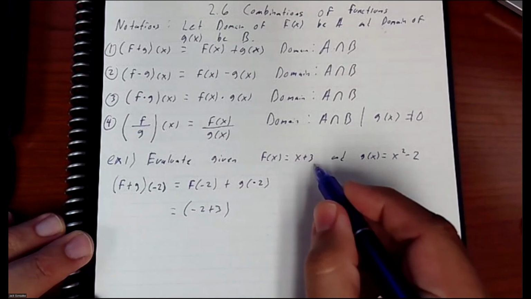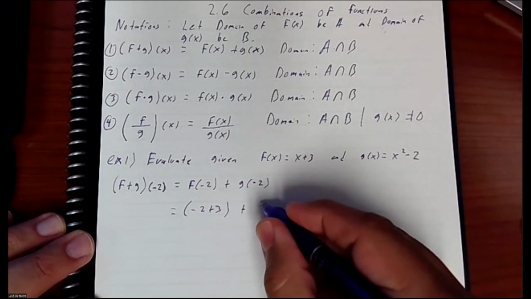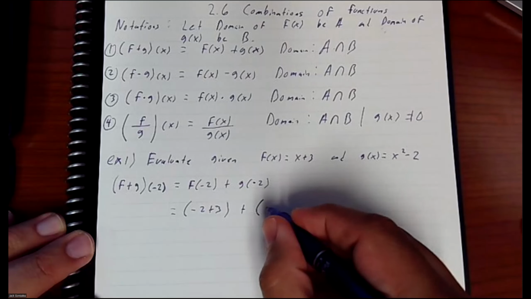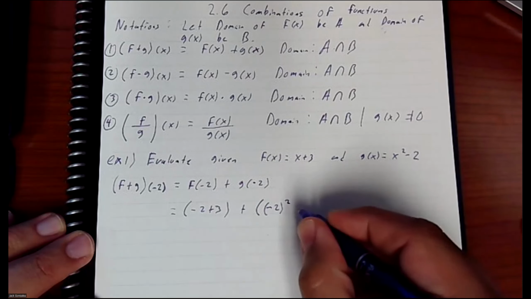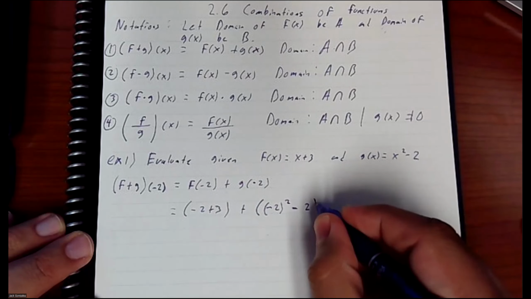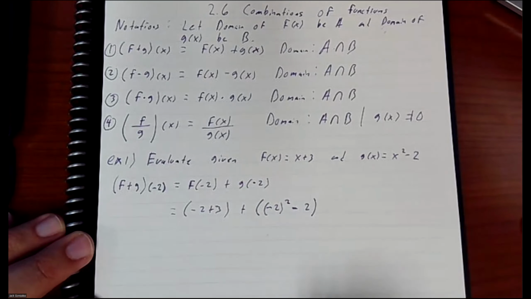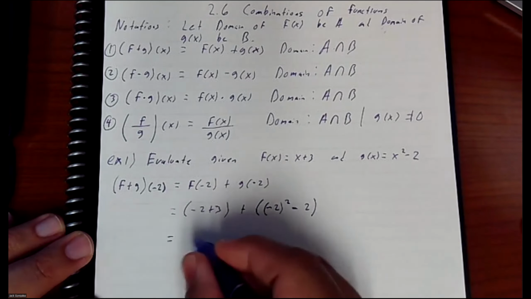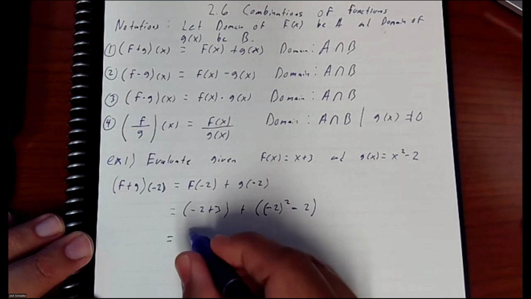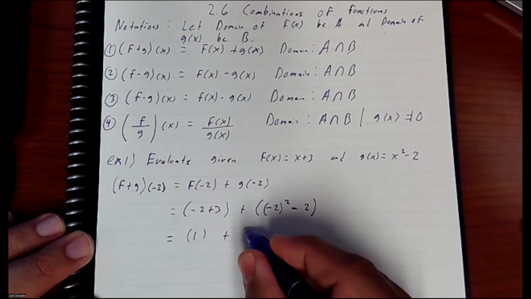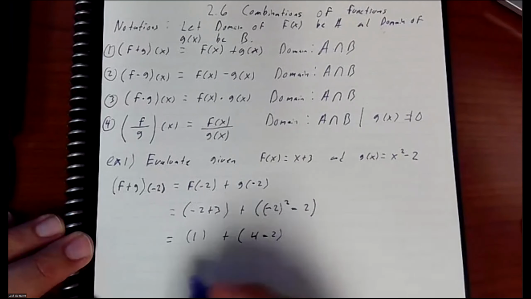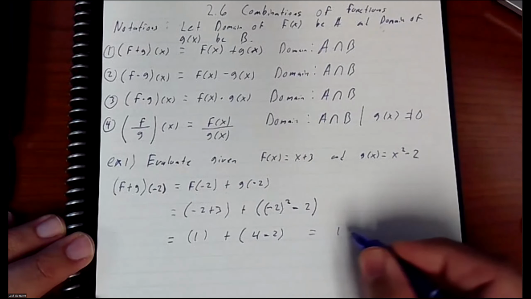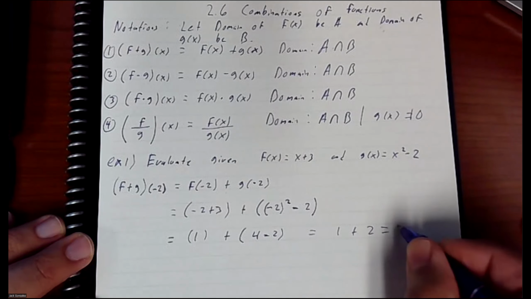You just plug it into this function, plus the g function at -2 squared minus 2. That would be 1 plus 4 minus 2, which obviously is 1 plus 2.